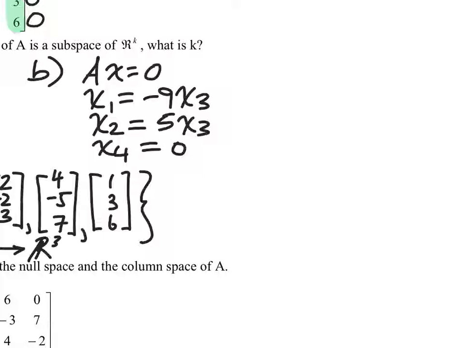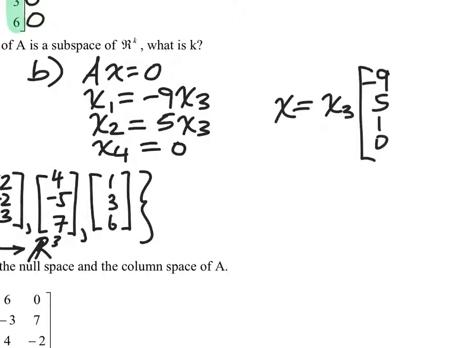All right, and so we know that x3 has to be the free variable. So x, which is x1, 2, 3, 4, is going to be x3 times the vector with negative 9 for x1, 5 for x2, 1 for x3 because x3 is equal to x3, and 0 for x4.